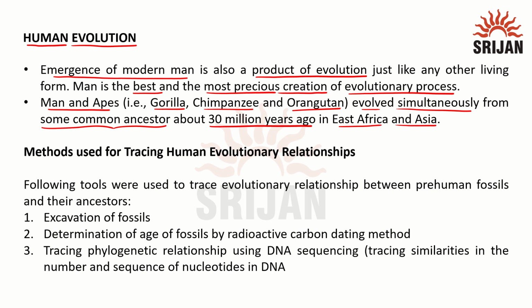Now, how do we trace human evolutionary relationships? We follow certain methods. The following tools were used to trace the evolutionary relationship between pre-human fossils and their ancestors. This will not be exactly accurate, but it gives us an idea at what time humans started to look like present day man. First is excavation of fossils. Second, determination of the age of fossils by the radioactive carbon dating method.